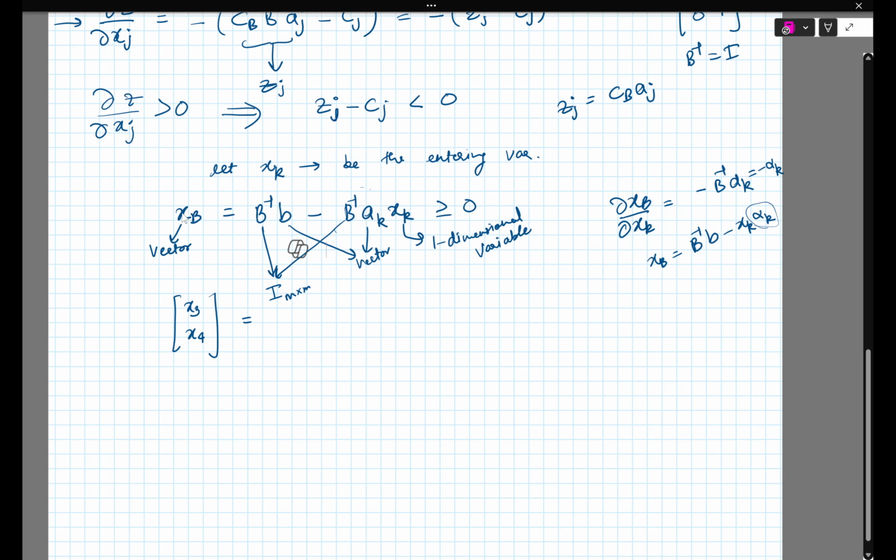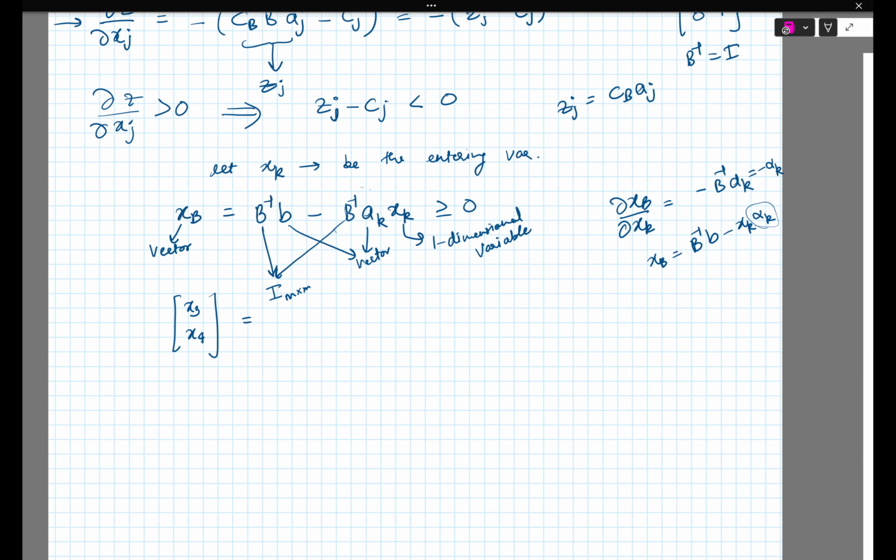So what I was saying was you have these basic variables, that is x3, x4, and you want to find which one should go from the basic set to the non-basic set. So this xk is what you determine to be the entering variable that will go to the basic from the non-basic set. The non-basic variables are set to 0 and you have to increase them.